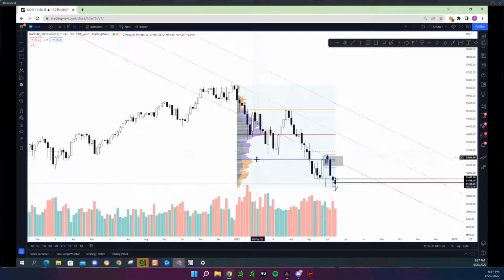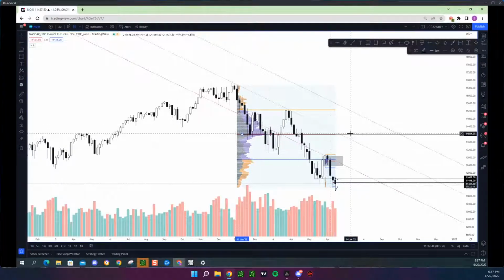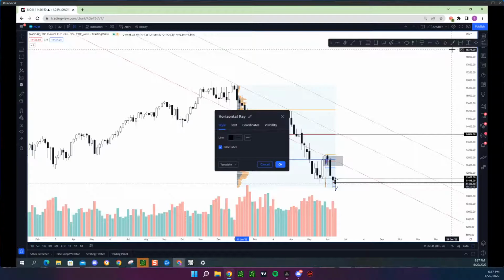And what happens to be at the value area low of the yearly? That other POC? There's not a POC on the bottom. What's the red line right below it? This is a POC, but that's not the level that we care about. This is your yearly POC right here.